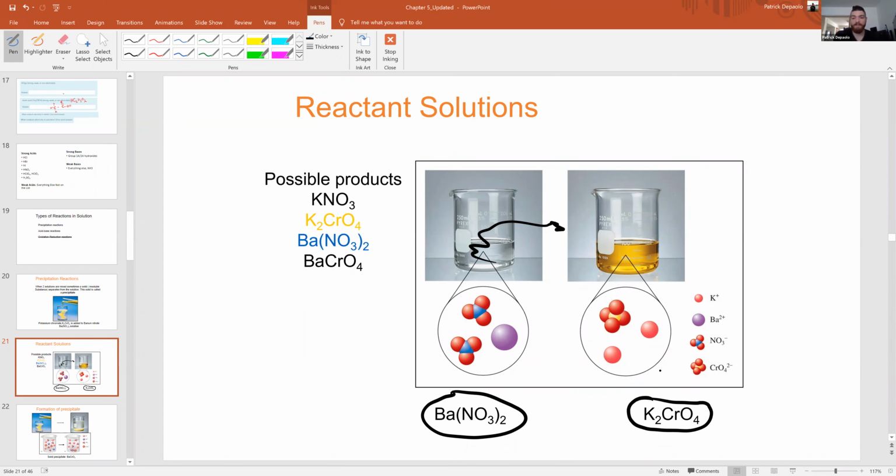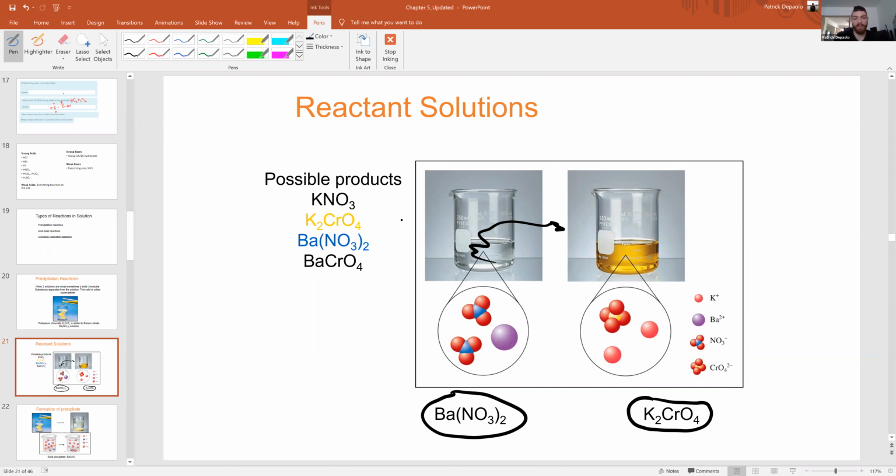If you mix them together, there are 4 ions in those solutions: potassium, barium, nitrate, and chromate. There are 4 possible combinations: potassium nitrate, potassium chromate, barium nitrate, and barium chromate. These are all the possible combinations of cation and anion.